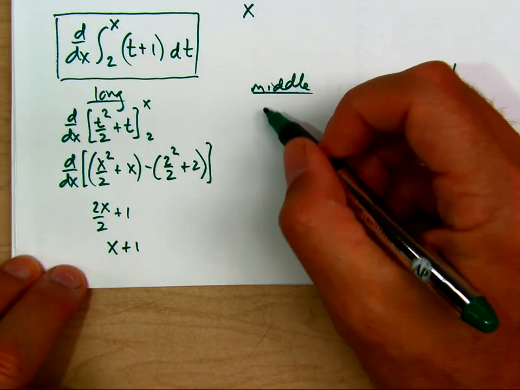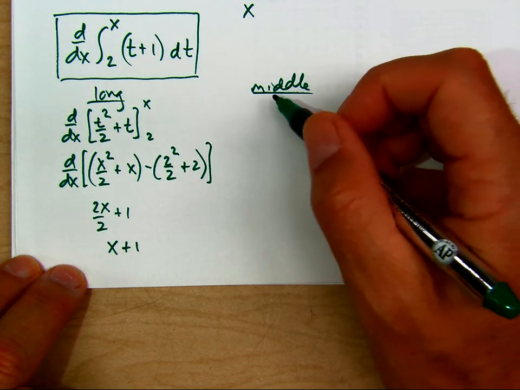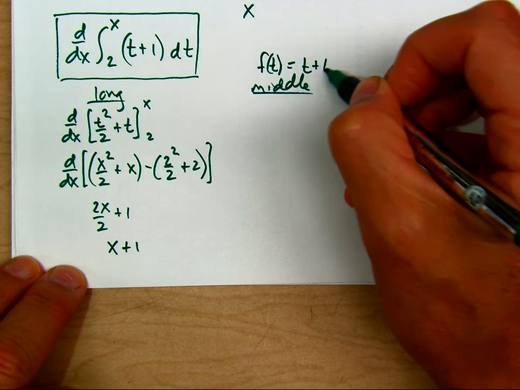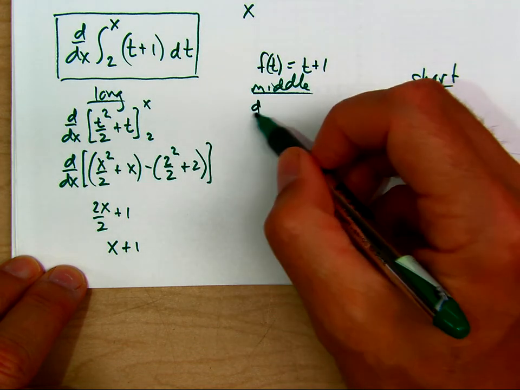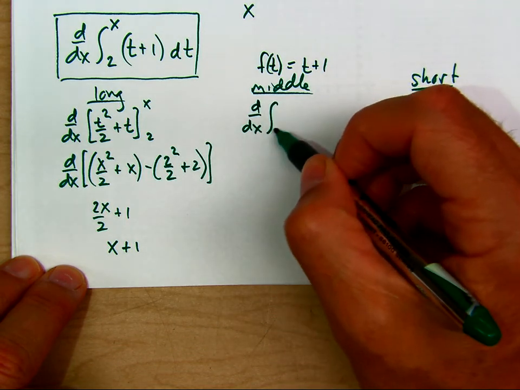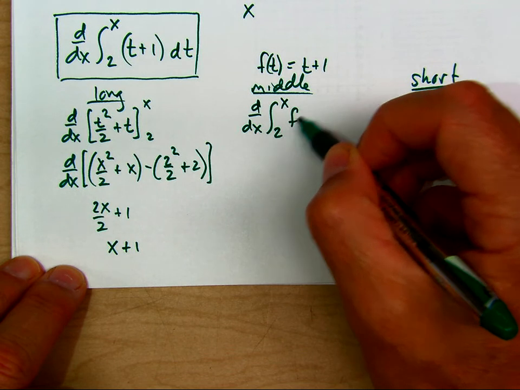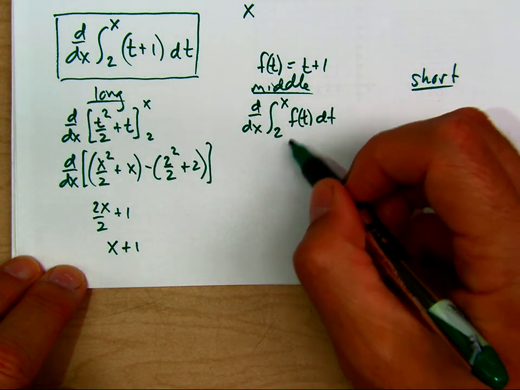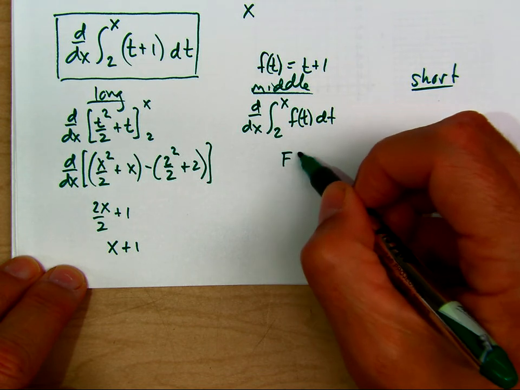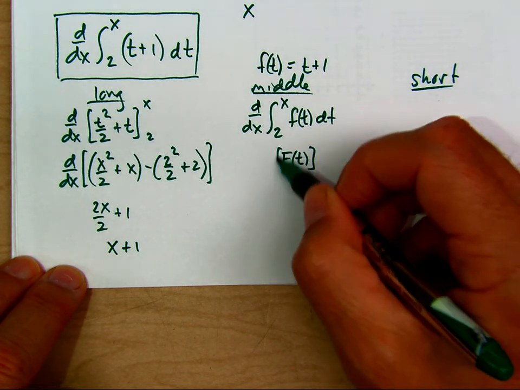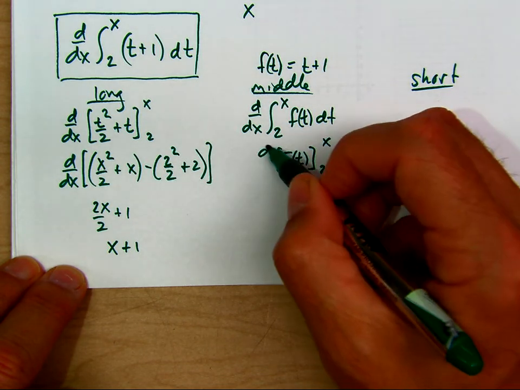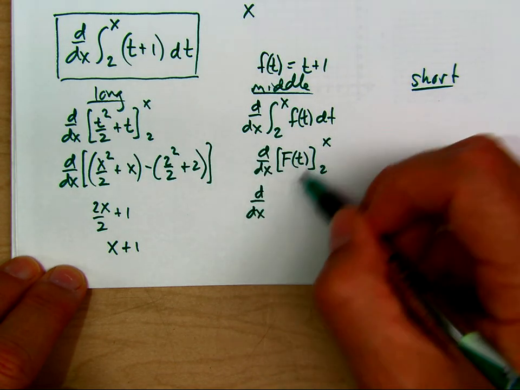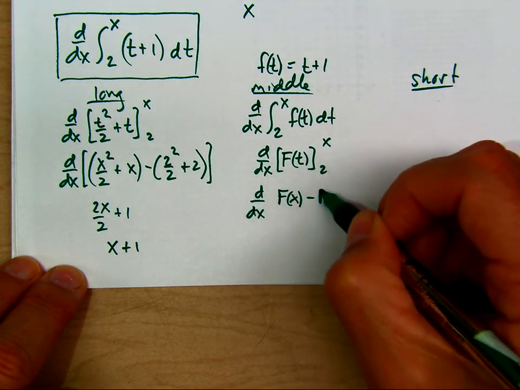All right, if we do it with a symbol and we just say f of t is equal to t plus 1, and we will have d dx of the integral of f of t dt. Then the antiderivative of lowercase f is uppercase F. Then we have capital F of x minus capital F of 2.